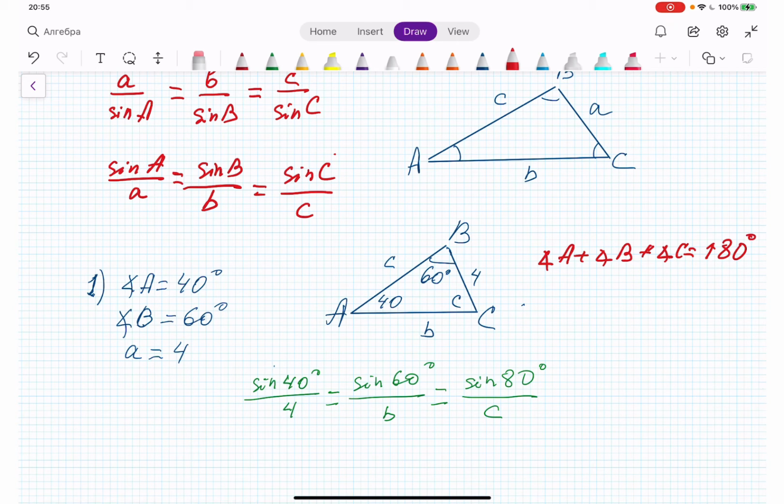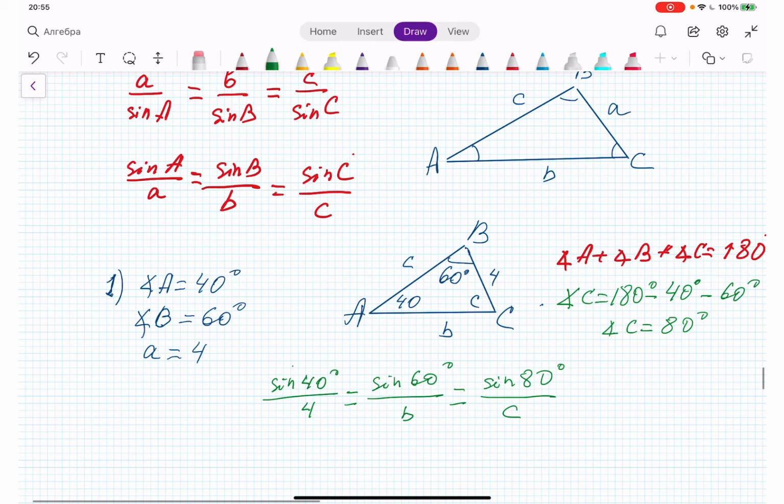So from here, angle C is equal to 180 degrees minus angle A, which is 40 degrees, and minus angle B, which is 60 degrees. So angle C is equal to 80 degrees. Very straightforward.